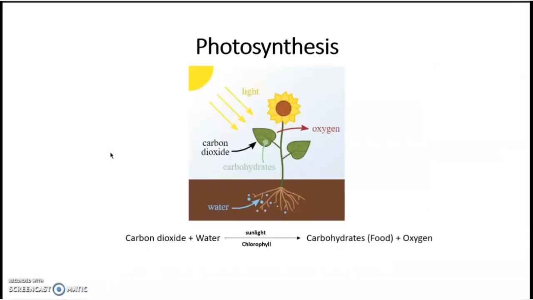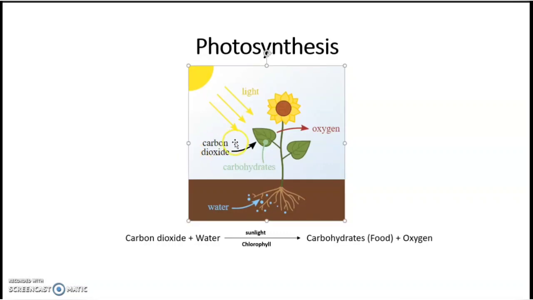Students, please observe the video. Here we can see a clear idea about the process of photosynthesis and how they get the raw materials. Sunlight is coming, which is trapped by the chlorophyll in the leaves.